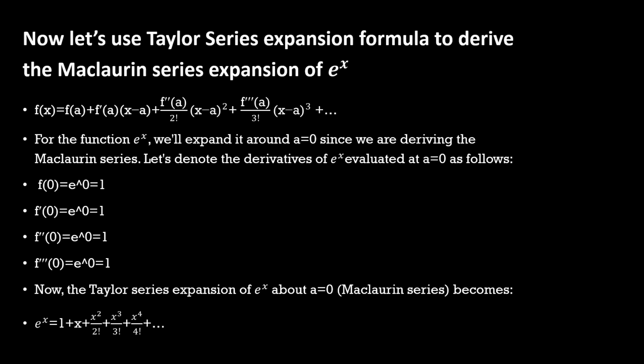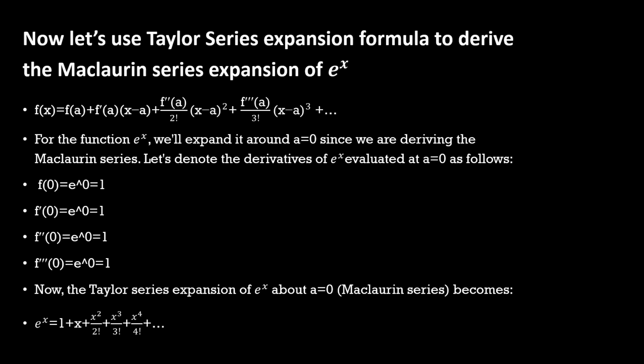Let's denote the derivatives of e to the x evaluated at a equals 0 as follows. We know that f(0) equals 1, and we also know that f prime 0 equals 1, and f double prime 0 is also 1, and so on.